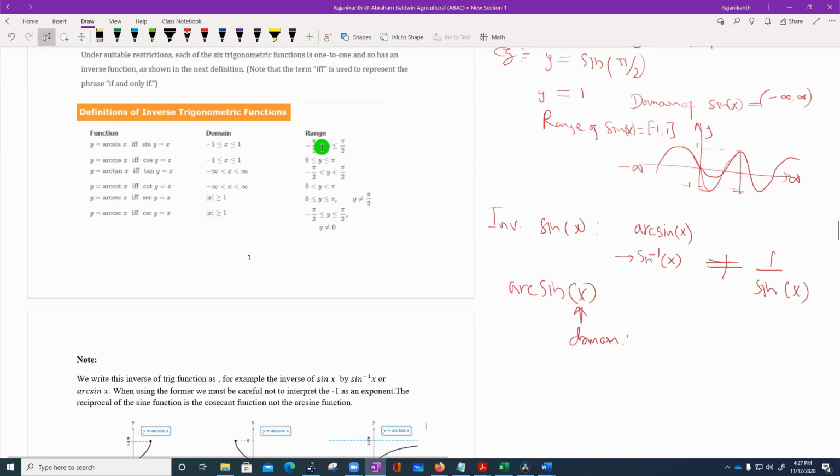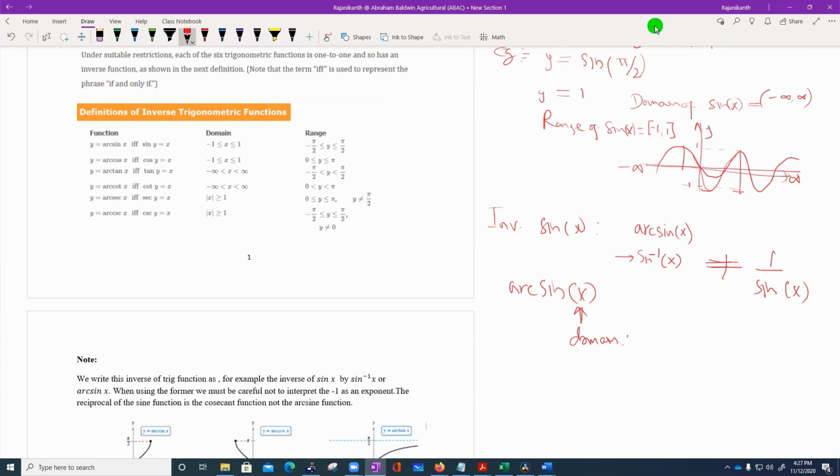But for the range of the inverse, normally the range of the inverse function is supposed to be the domain of the original function. The domain of the original function is actually negative infinity to positive infinity. But remember, we restrict our range to negative pi over 2 to pi over 2 without considering all the values.